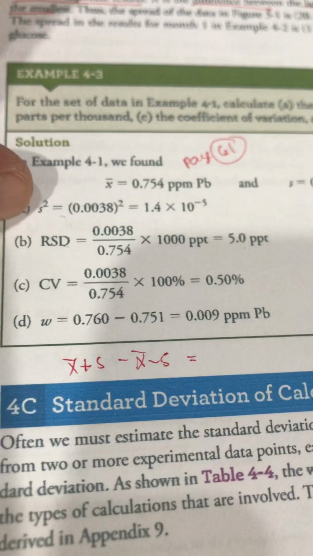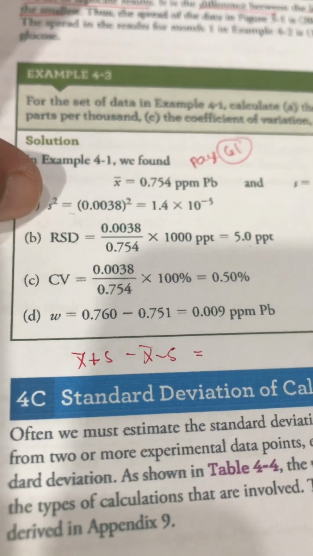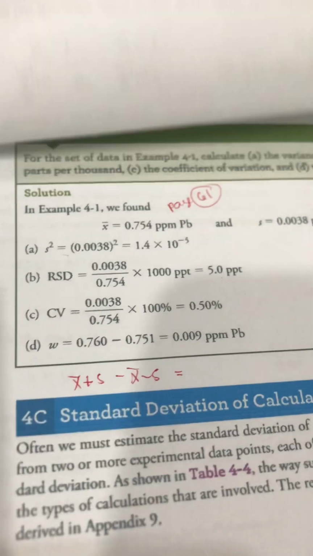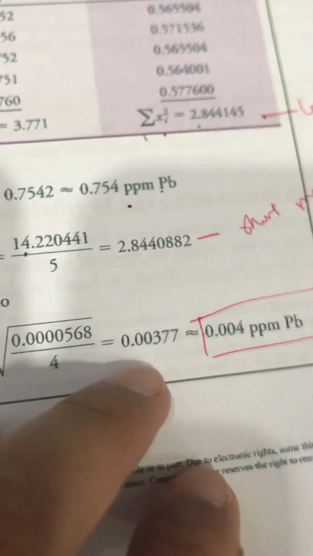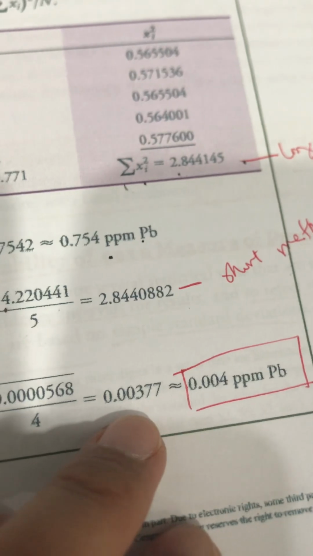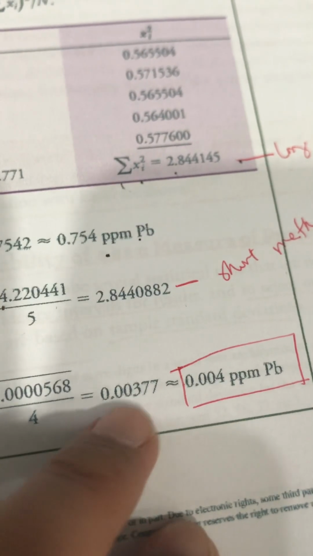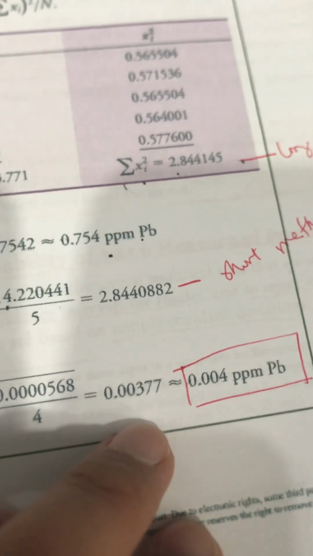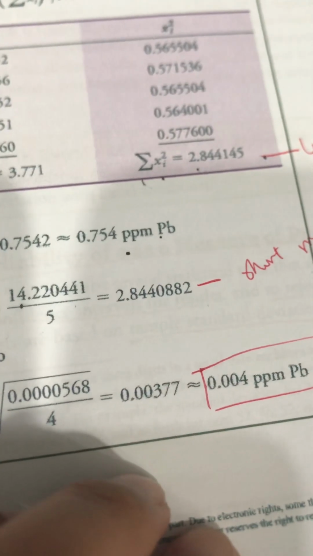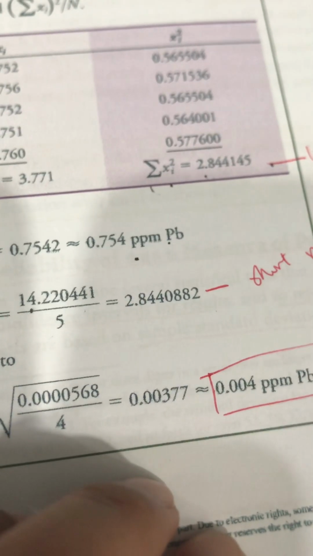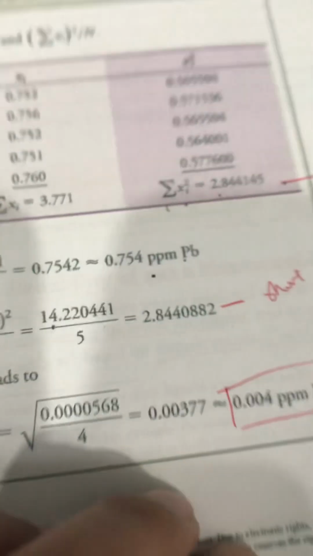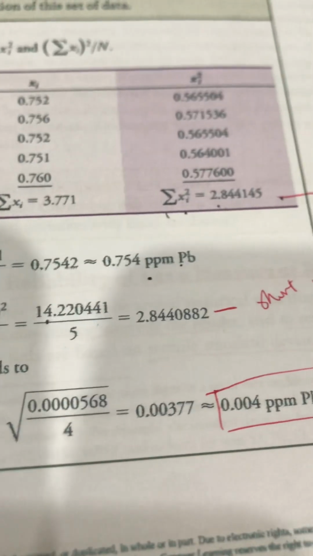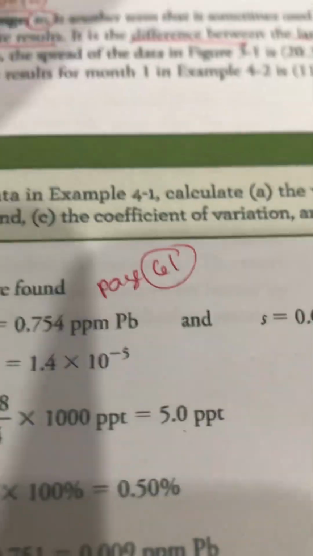It's easy. The standard deviation that we got earlier, you just square it. So we will use 0.0038. We used this for significant figures. The more significant figures, the more accurate our result, so as much as possible, this is what we will do. So we use 0.0038, and then you just square it, that will give you your variance.